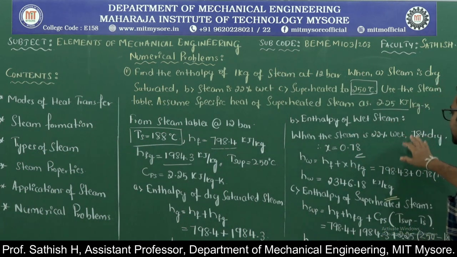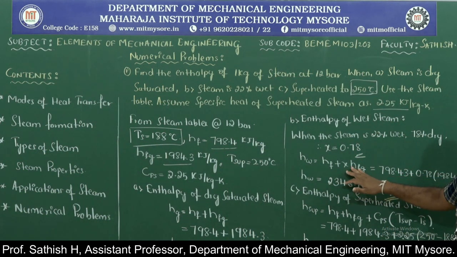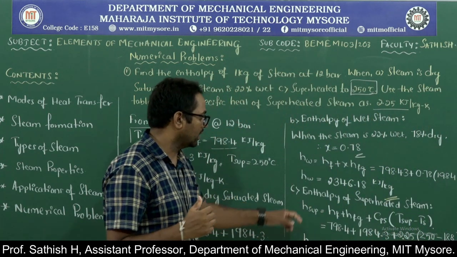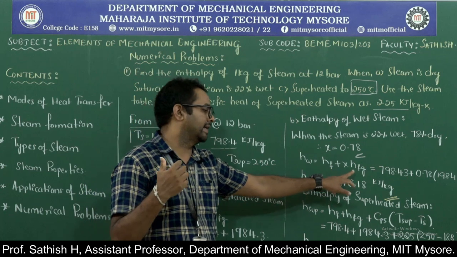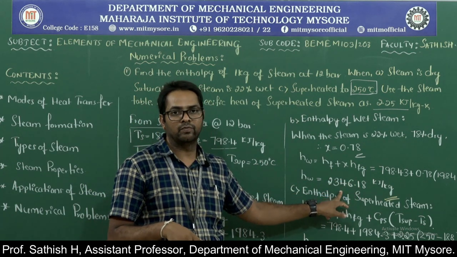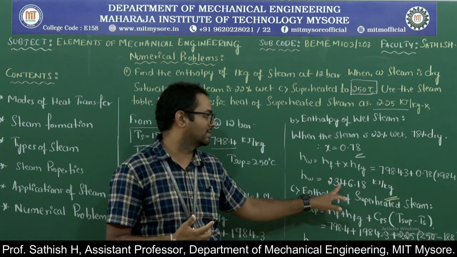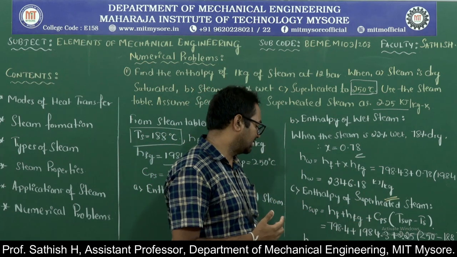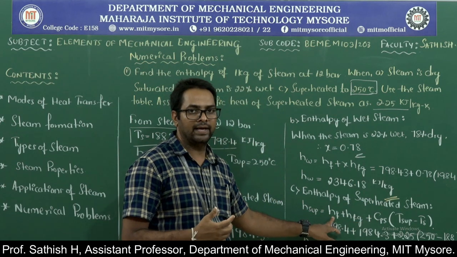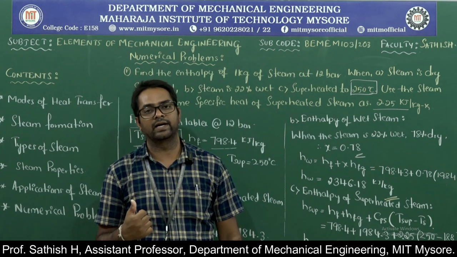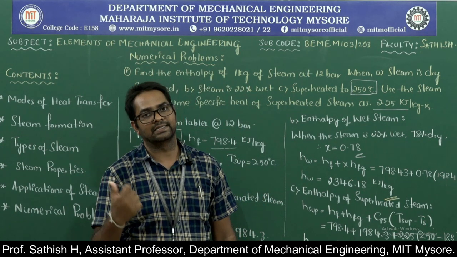Similarly, for the wet steam, we have this formula Hf plus x into Hfg, where x is the dryness fraction, Hf is the sensible heat, and Hfg is the latent heat of evaporation, and we found this answer as the enthalpy for the wet steam. Similarly, enthalpy for the superheated steam is calculated using the formula Hf plus Hfg plus Cps into T superheated minus the saturation temperature, that is Ts.